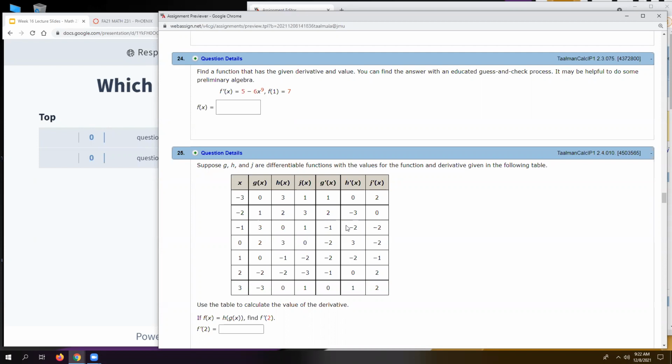I'm going to write what you have to do first, and I'll give you a minute to think about it. Find a function whose derivative is f prime of x equals 5 minus 6x.